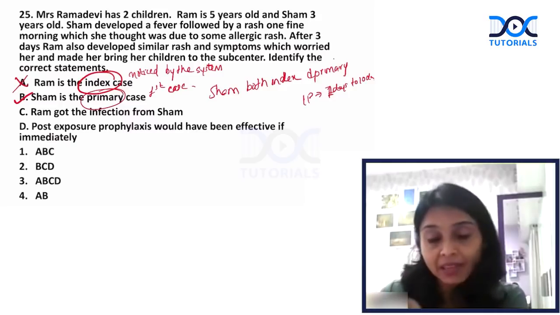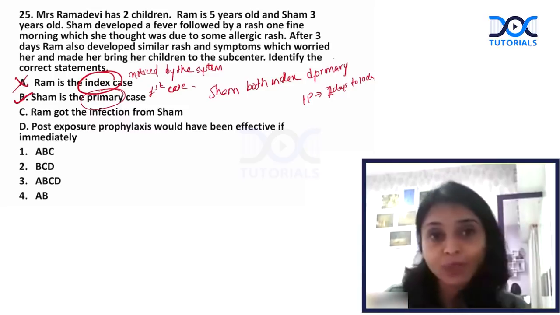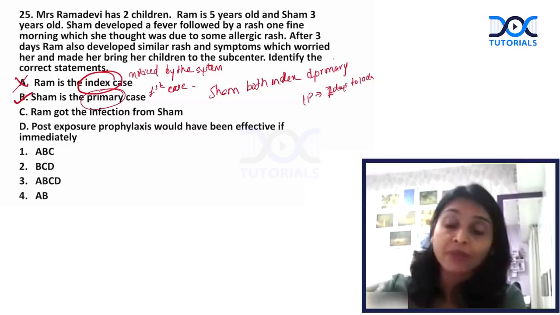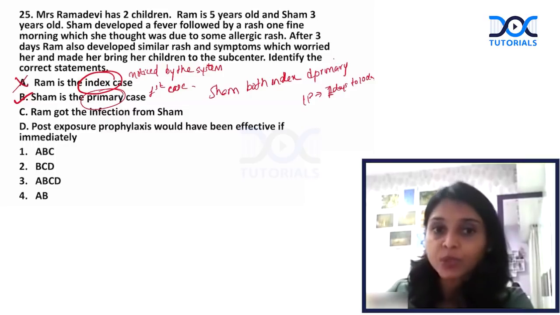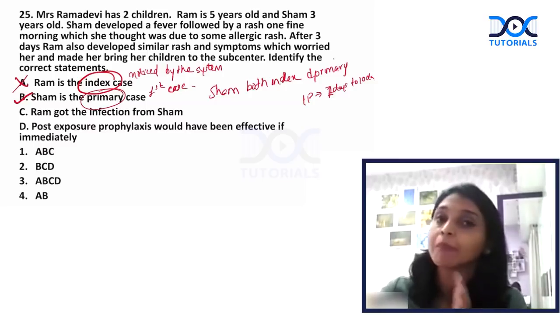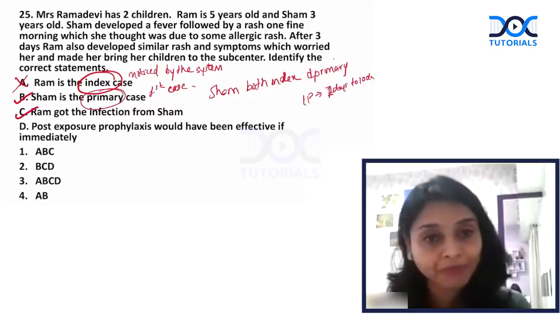Because in 3 days, that means after Sham developed disease, in 3 days, Ram also developed disease. So the second person didn't get the disease from the first person. Both would have got it from someone outside. But since you said viral infection with some rash, then you're right. Ram got the infection from Sham.